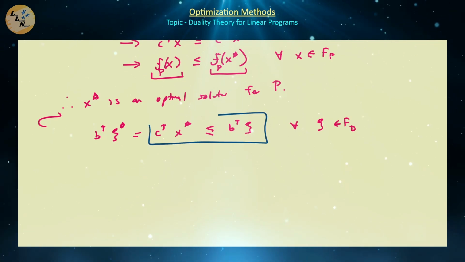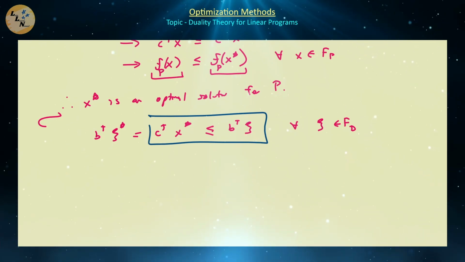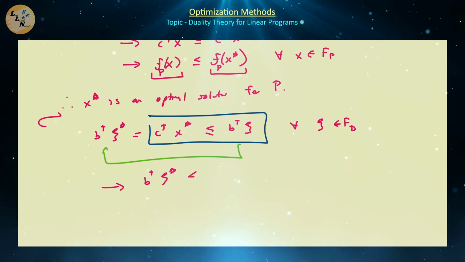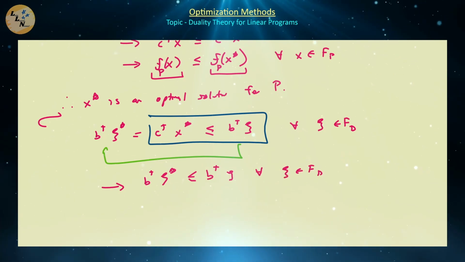So this is a particular instance of the weak duality theorem, because we know C^T x is less than or equal to B^T psi, so we can choose a particular x, namely x star, and that is also going to satisfy it. But if we look at the outer inequality here, we have that B^T psi star is less than or equal to B^T psi for all psi in the feasible region of D.